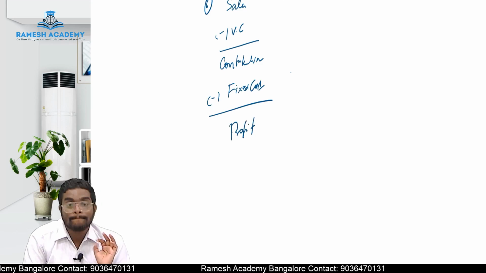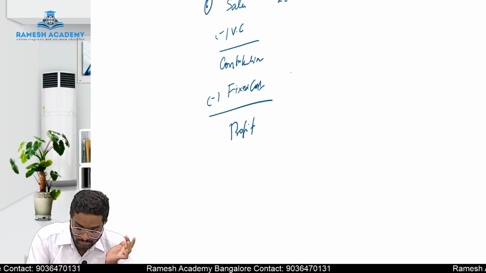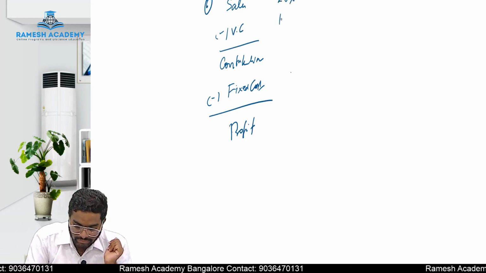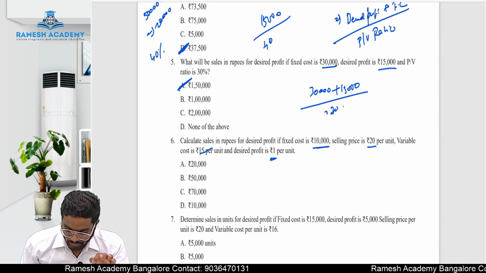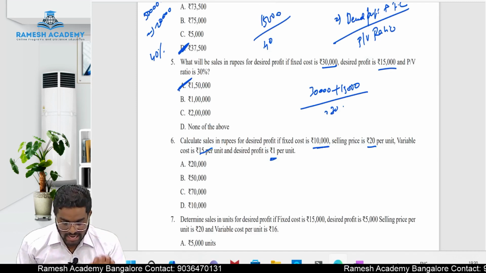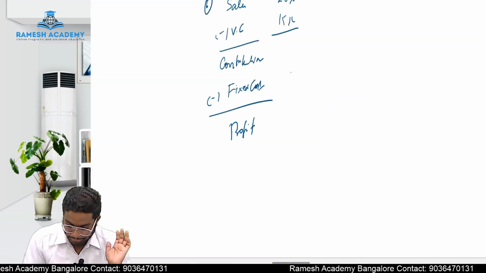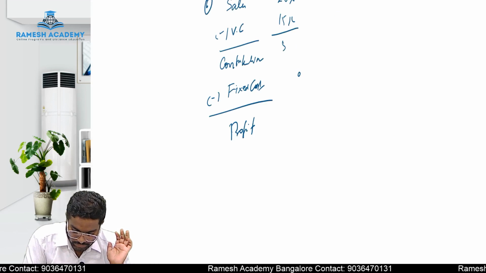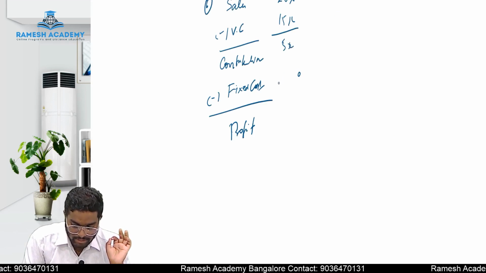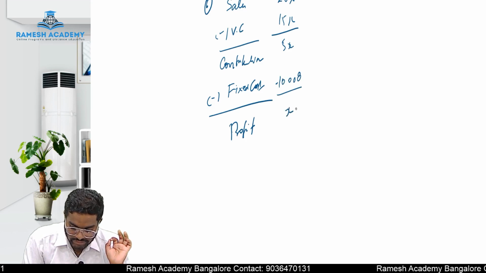So here we will take the number of units as X. So sales price is 20X, variable cost is 15X as per the question, profit is 1X and the fixed cost is 10,000. Here we have 5X. 5X minus 10,000 is equal to 1X, which means X.